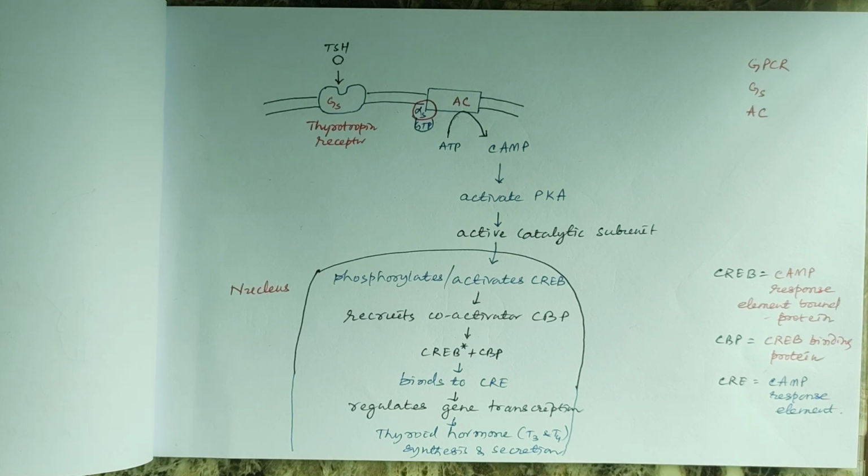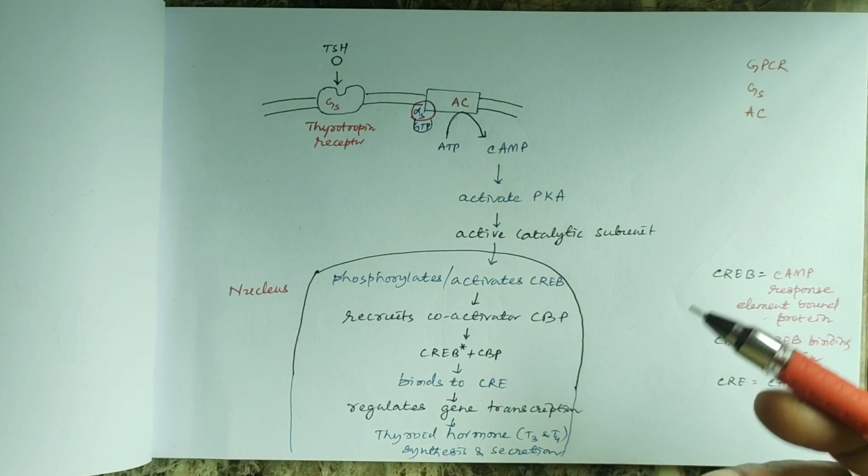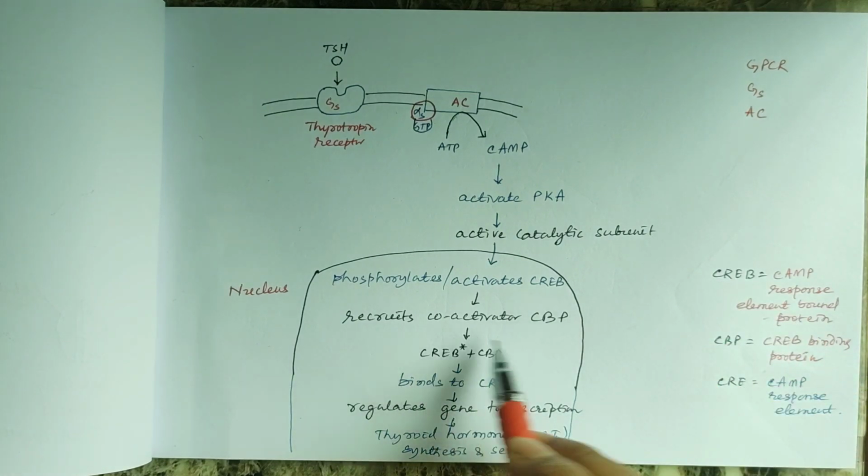So here the gene transcription will lead to the production of proteins, that is the hormones, thyroid hormone T3 and T4. So T3 and T4 synthesis and secretion will occur because of this gene transcription, because of binding of the CREB and CBP complex with the cyclic AMP response elements.